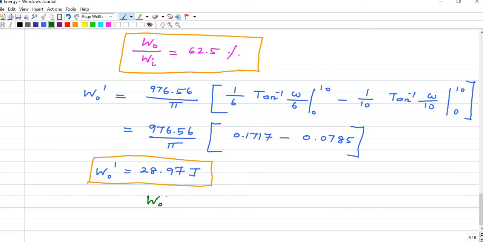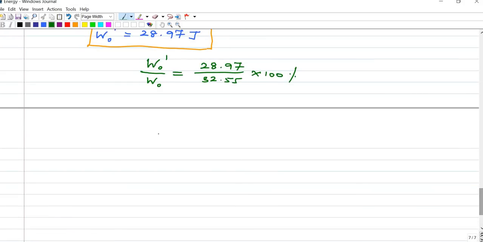So we are finding the ratio W naught dash divided by W naught, that is 28.97 divided by 32.55, into 100. What is the answer? Correct.